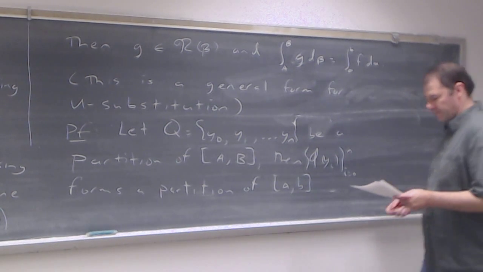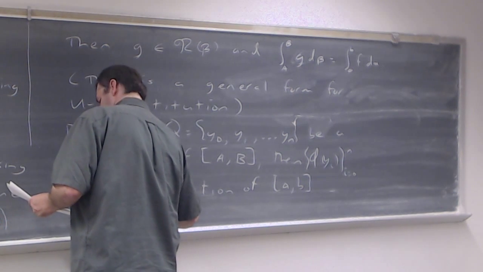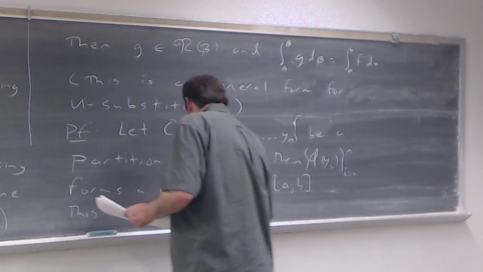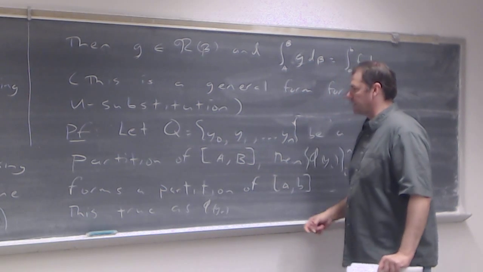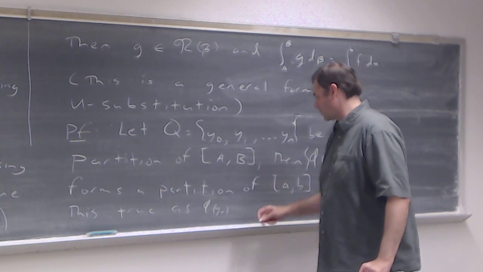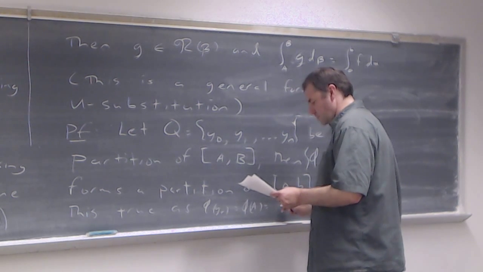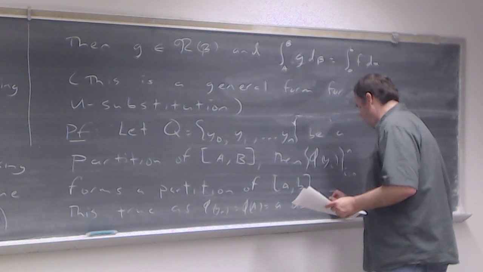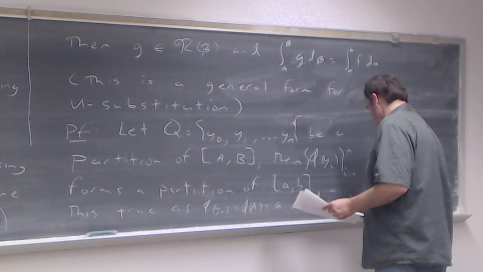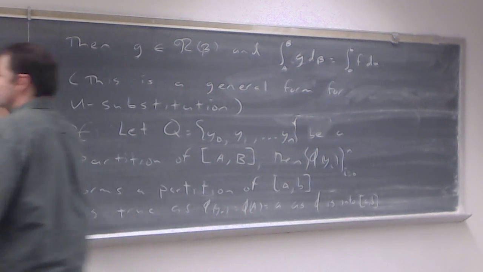Okay. So we can see this is true, as phi of y naught, y naught's the first guy in the partition Q, and that's going to be equal to A. Well, that has to be equal to little a as phi is onto A to B, and it's increasing.